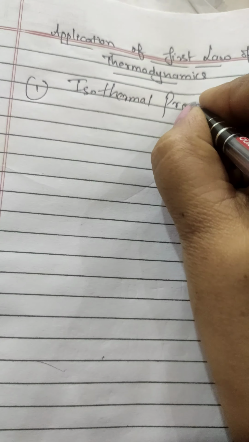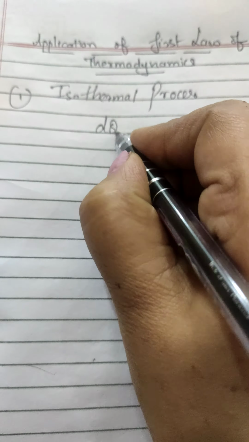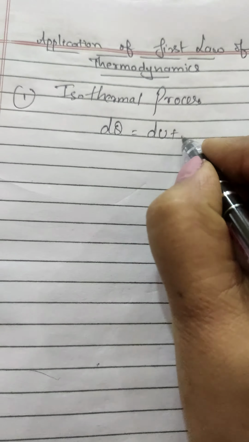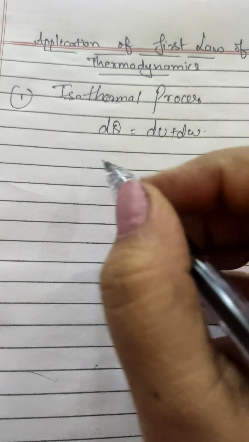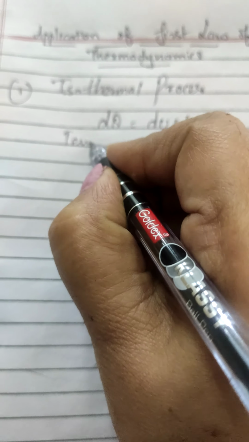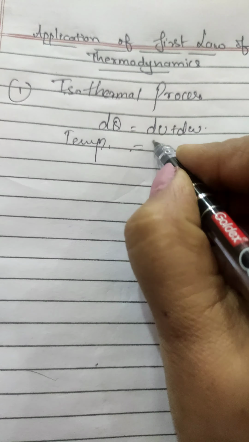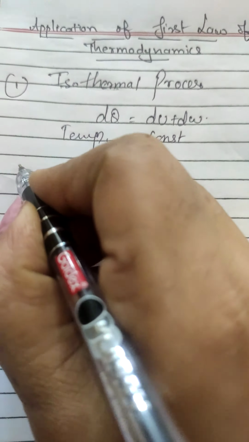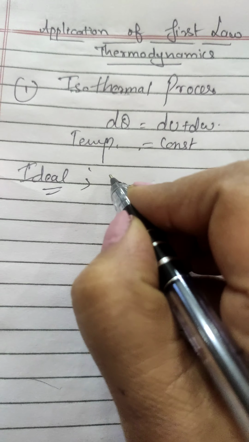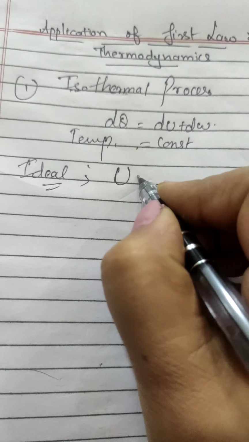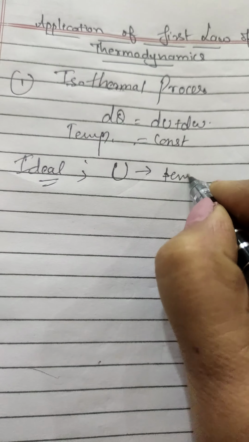Isothermal process. Now we know that in the case of the first law of thermodynamics, dQ is equal to dU plus dW. So when an isothermal process is taking place, temperature remains constant, and we have studied that in the case of an ideal gas, the internal energy U depends on temperature only.